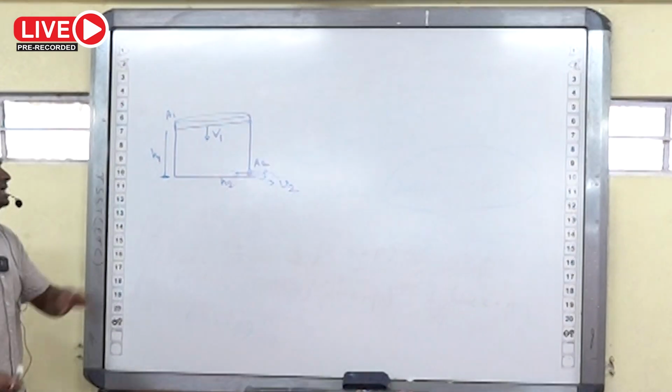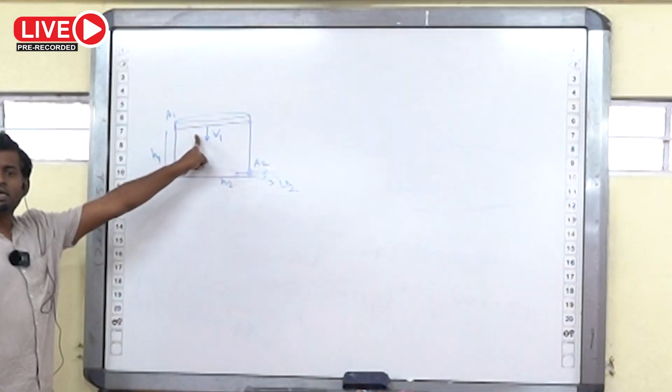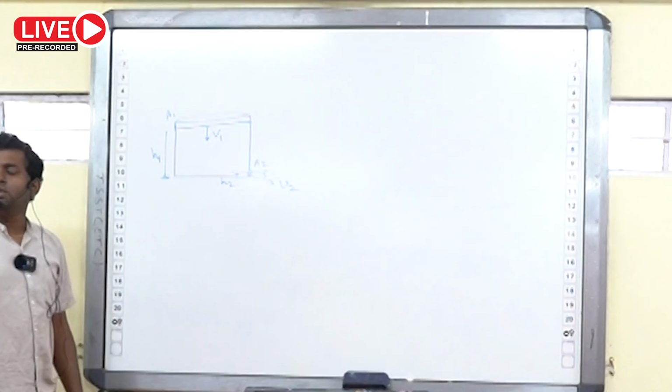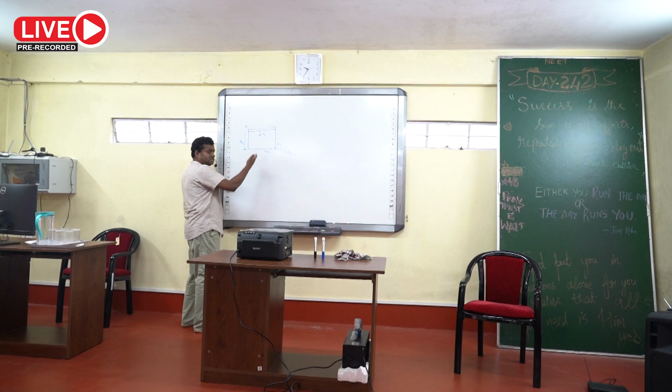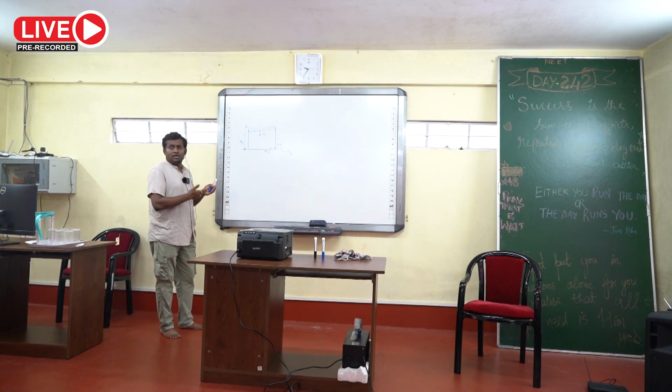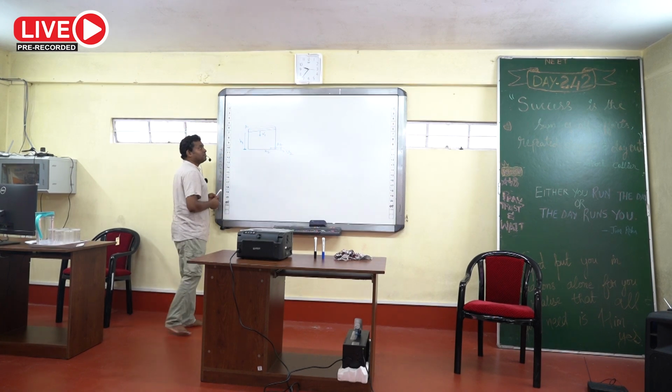Bernoulli's theorem says that total energy density at any point will remain constant. Now in this particular case we consider streamline motion and a Newtonian fluid, so we apply Bernoulli's theorem.